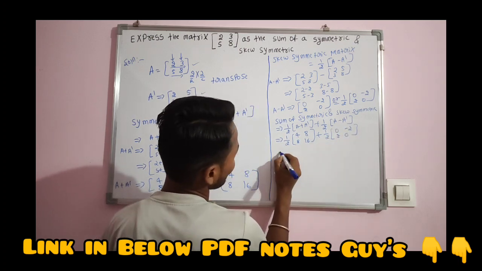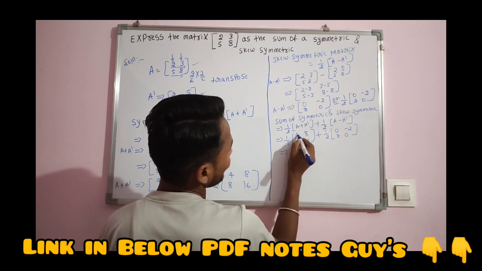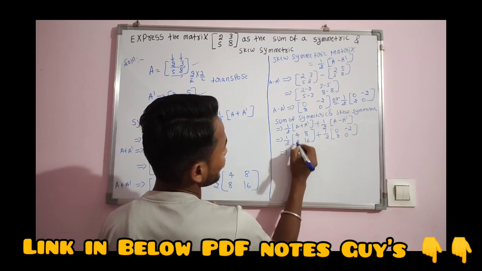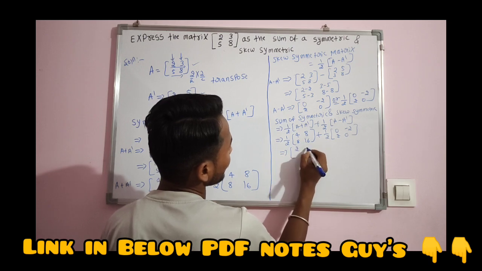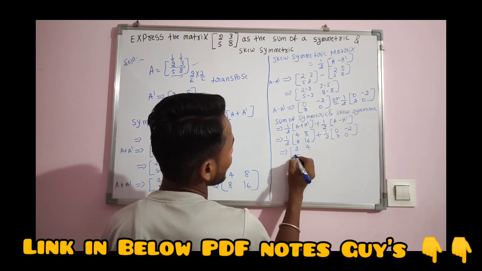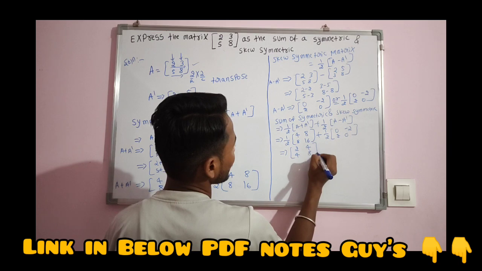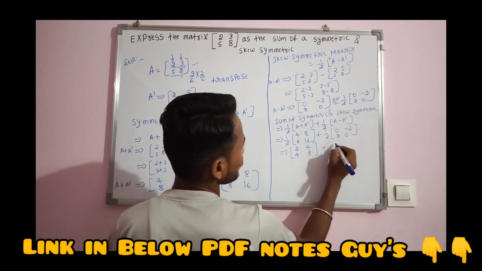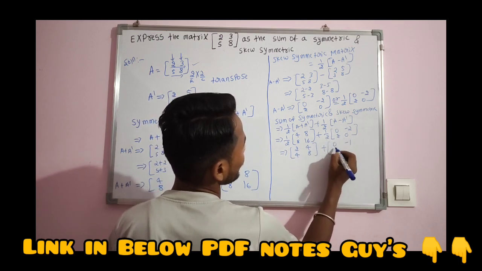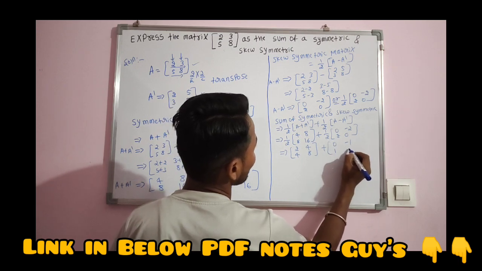So 4 by 2 equal to 2, 8 by 2 equal to 4, 16 by 2 equal to 8. Then 0, minus 2 by 2 equal to minus 1, 2 by 2 equal to 1, 0.